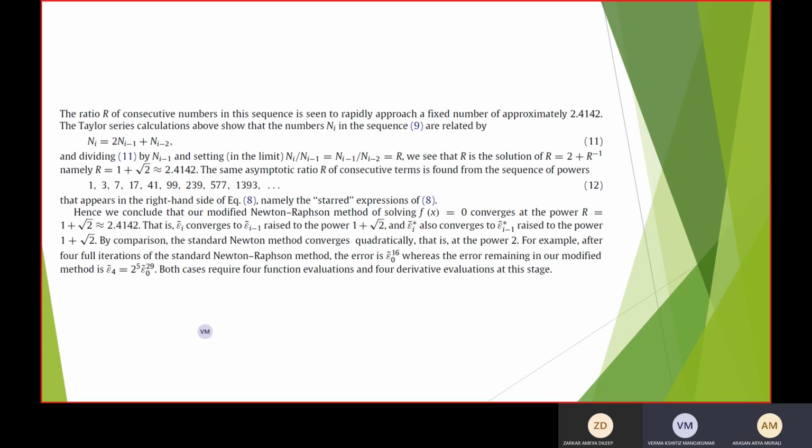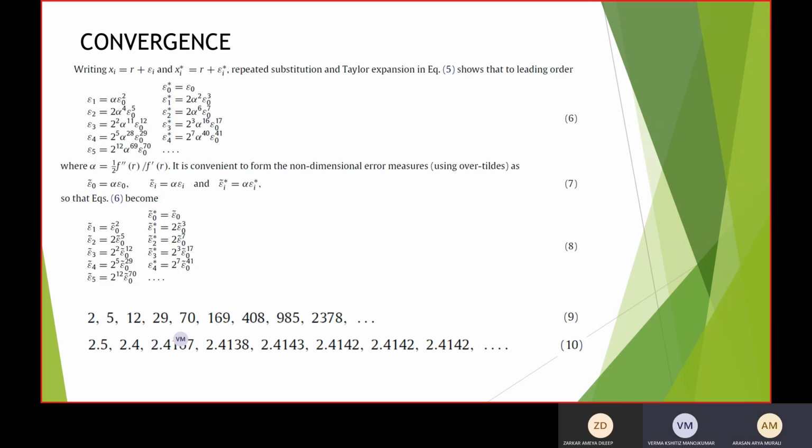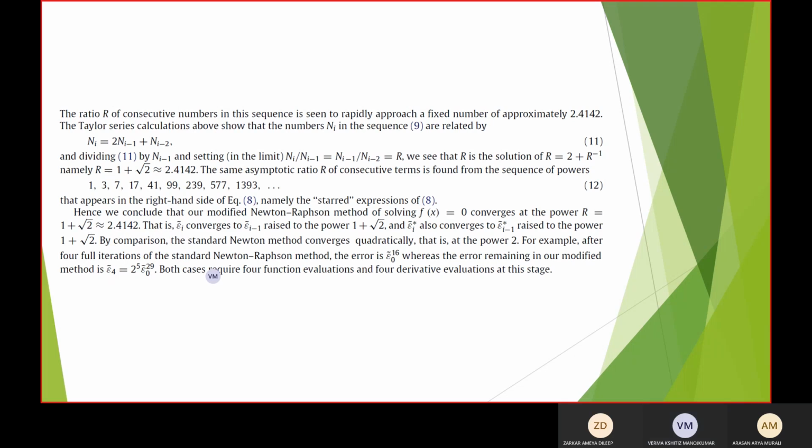This same asymptotic ratio r of consecutive terms is also found from the sequence of powers 1, 3, 7, 17, 41, etc., which are the powers of the starred expression you can see here. Hence, we conclude that this modified Newton-Raphson method of solving for f(x) equal to 0 converges at the power r equal to 1 plus root 2, which is approximately 2.4142.